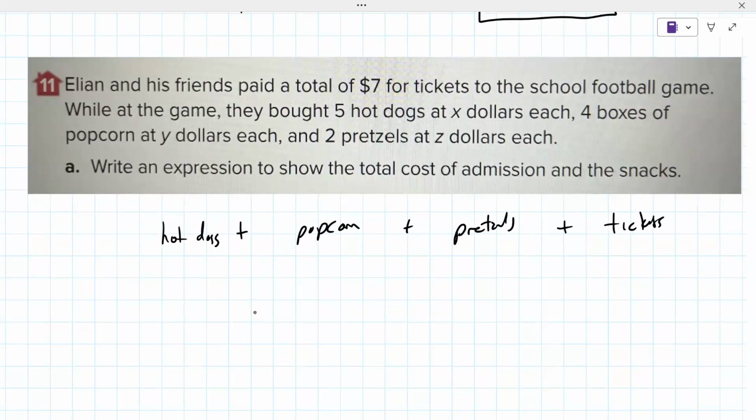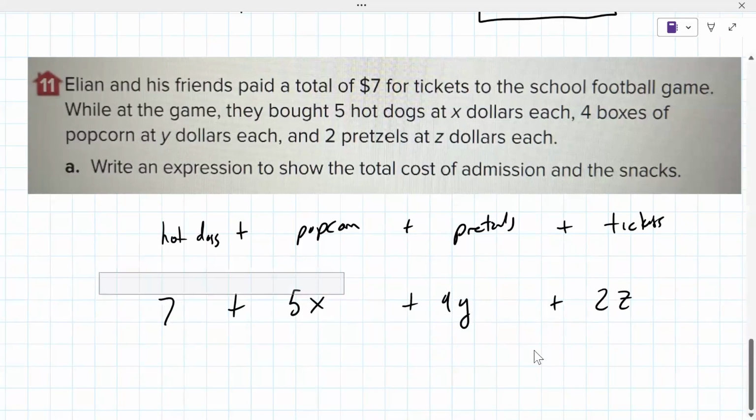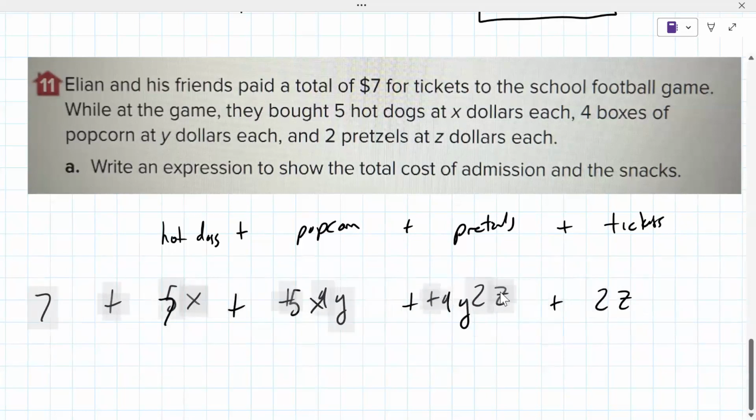Why don't you give this a try, please? 7 plus 5x plus 4y plus 2z. Okay, and then you put the 7 first. That's fine. Let me just move everything over here so you can see that. All right, good. Okay.